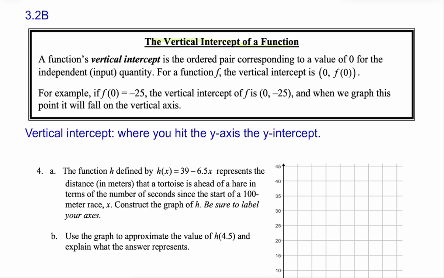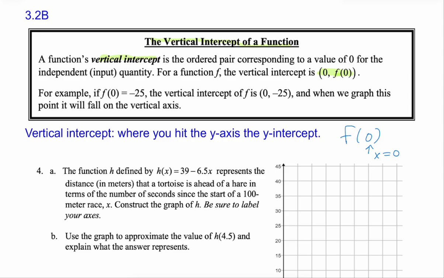So the vertical intercept is the ordered pair corresponding to a value of 0 for the independent quantity, or the x. So really, it is just f of 0. So it's where x equals 0. So we're going to hit the y-axis. So you can call it the vertical intercept.